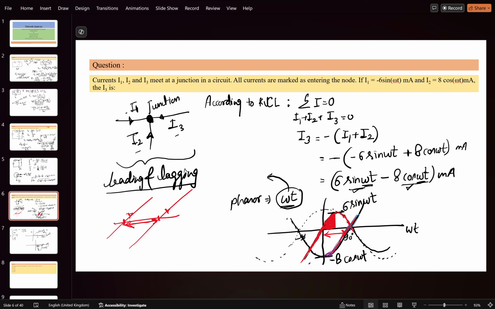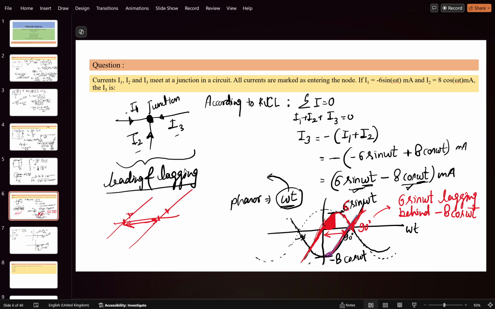It means 6 sin omega t is actually lagging behind minus 8 cos omega t. Getting my point? It means when you increase the 6 sin omega t, the minus 8 cos omega t had already appeared at the point of 0 here, 90 degree here. It means what you can say from this equation is that 6 sin omega t is actually lagging behind minus 8 cos omega t.